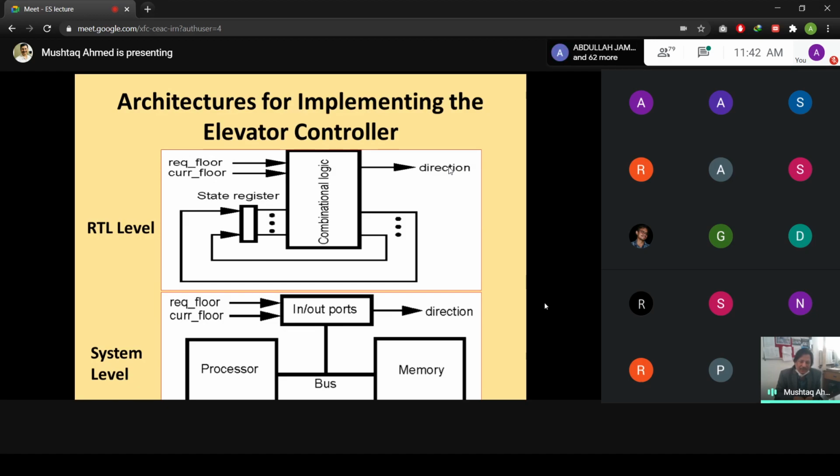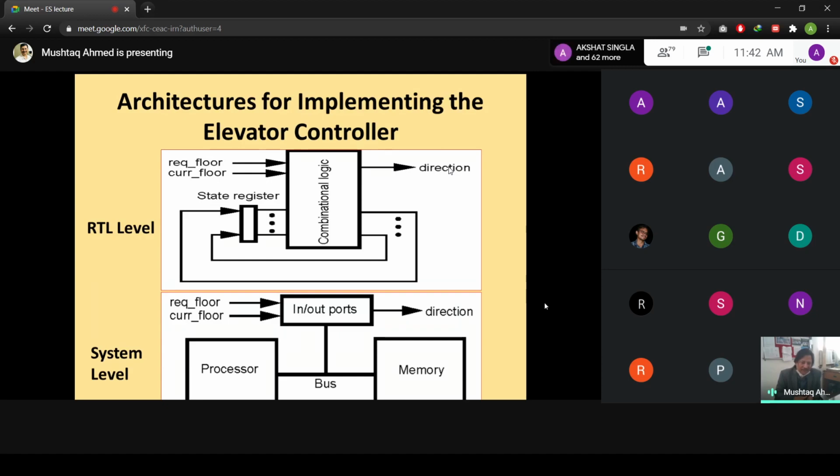Based on the current position of the lift, which is stored in a state register, the conditions are tested, and the direction is decided based on the comparison of the current floor with the requested floor, and what the current position of that particular lift is. In that case, the direction would be decided.